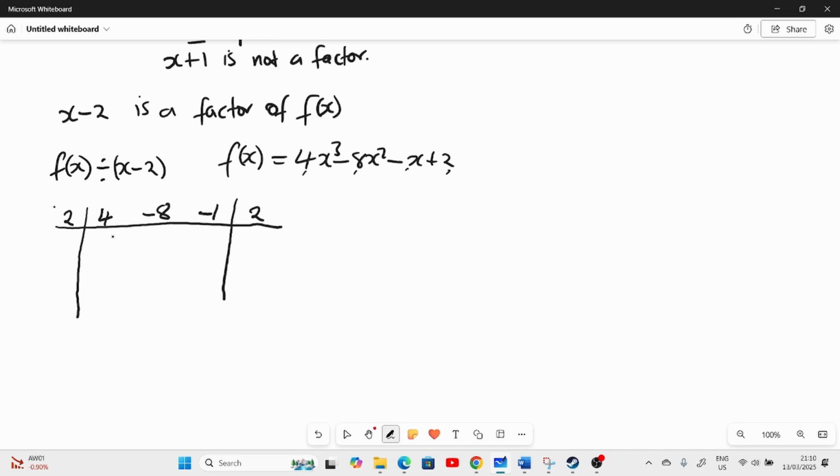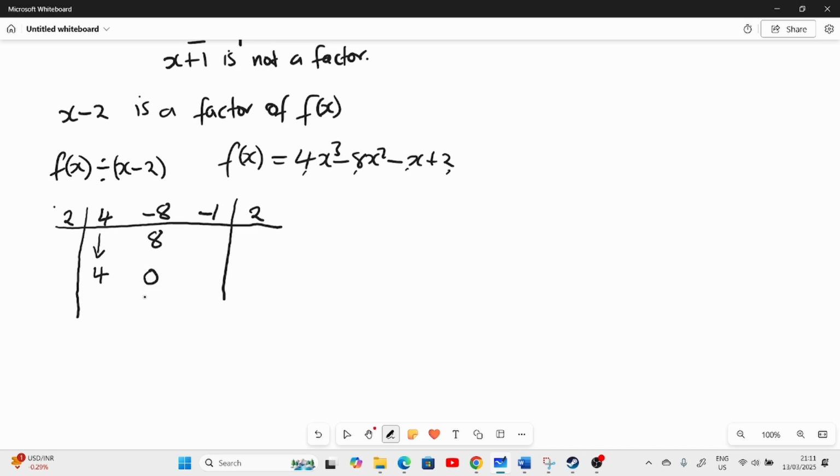For the first term, you just drop it, you write a 4 there. Then you multiply 2 times 4, you get 8, and you write it here. Then you add negative 8 plus 8, you get 0.